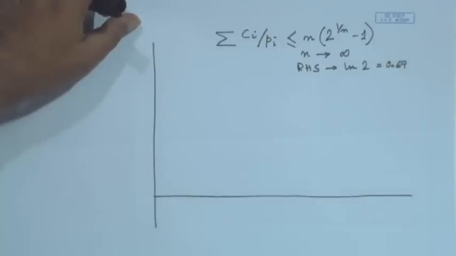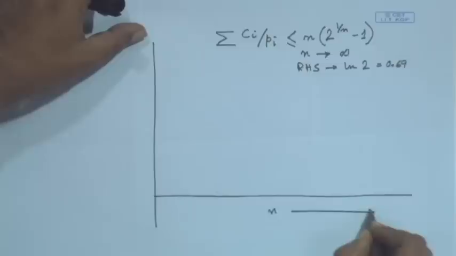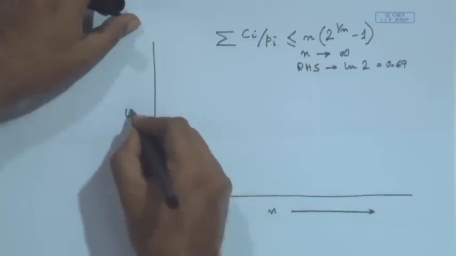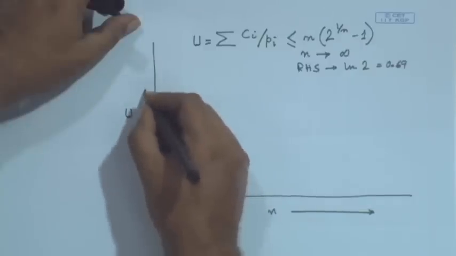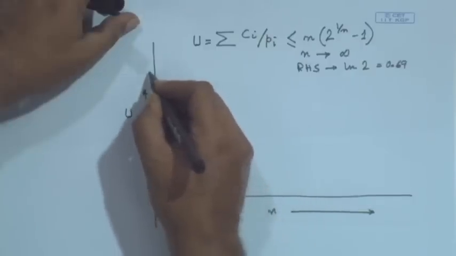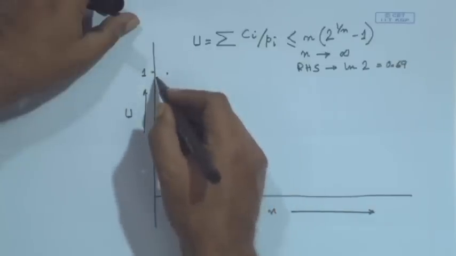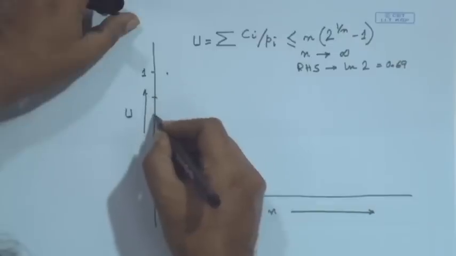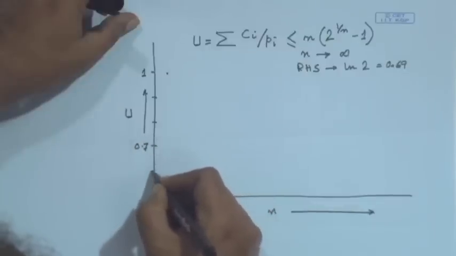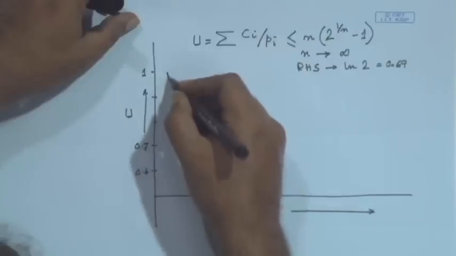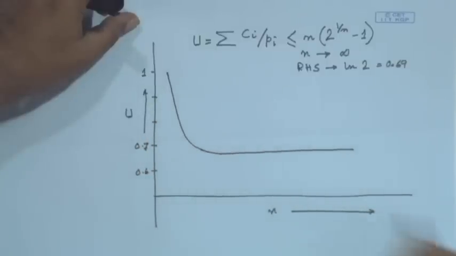That means, the curve, if I have the number of tasks n going on this side and the utilization u on the other side, then if I start from 1, say this is 0.9, 0.8, 0.7, 0.6, like that it comes out. The curve will come down to something like this.